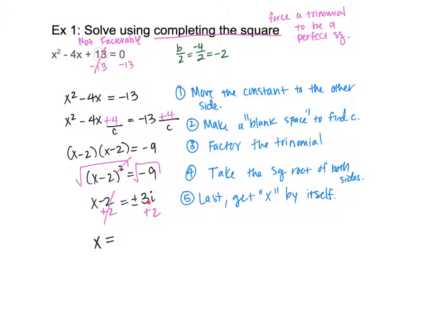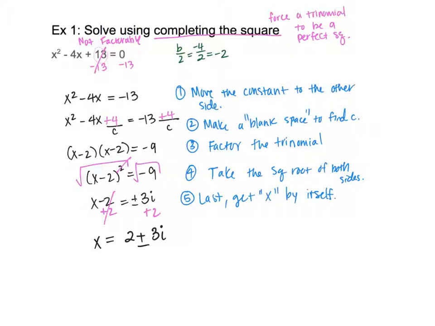They're not going to combine. So I'm just going to bring it down the way it is. Now, I have a tendency to write my real number first and then my imaginary number. It really doesn't matter, but this is just a preference that I do. So I wrote my real number first and then my imaginary number last. So then you have the plus and minus 3i on the right side.